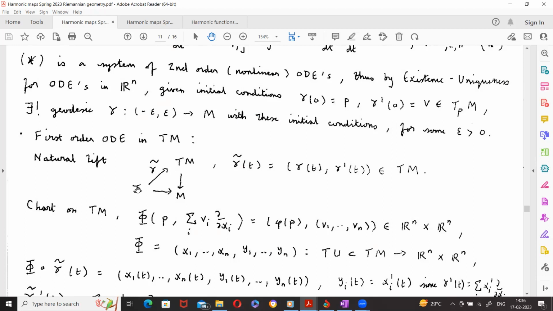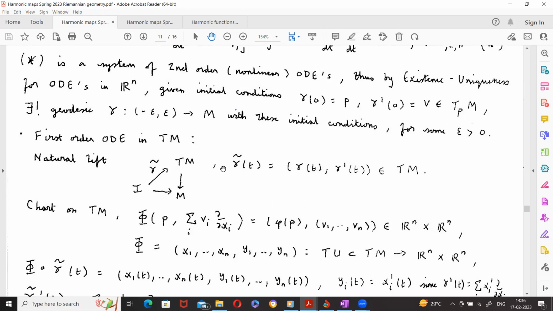So first of all, note, if I have any curve gamma taking values in M, then you have what's called the natural lift of gamma. That will be a curve gamma tilde in the tangent bundle. So gamma tilde of t will be basically the pair gamma(t) comma gamma prime(t). So that's an element of the tangent bundle, right? Gamma prime(t) is an element of the tangent space at gamma(t).